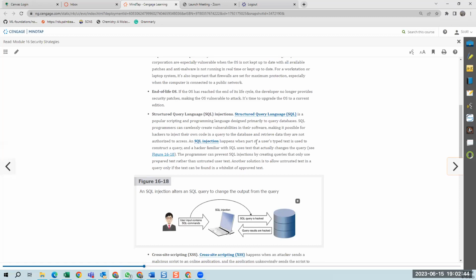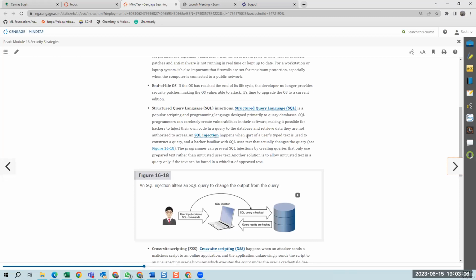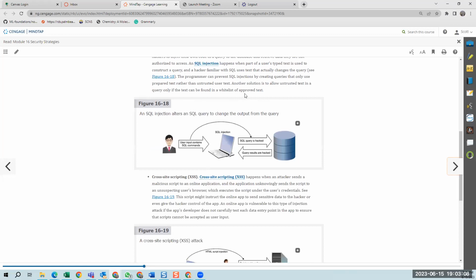It's a programming language to interact with databases, and they can use that language to get into our system or hack our system. And it's used so much that it's hard to protect yourself from that because it's so widely adopted.